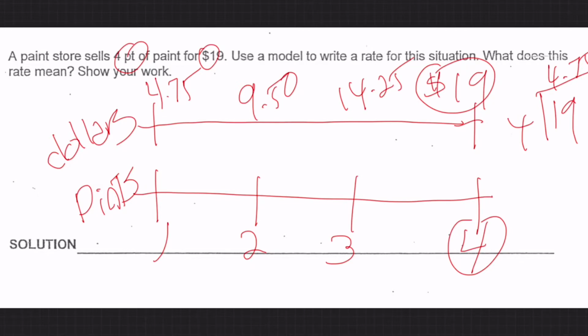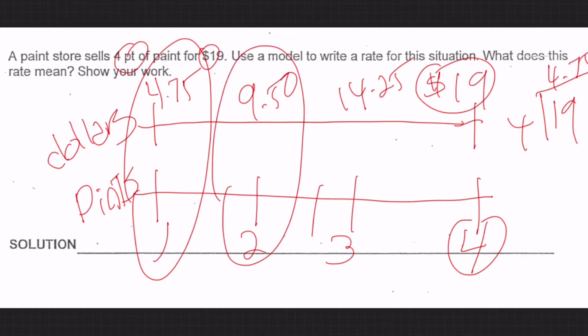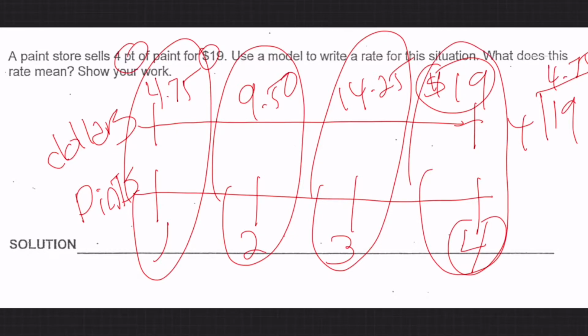So now, if we look anywhere along this double number line, we're going to get equivalent ratios, meaning every one of these ratios will simplify back to the 4.75 over 1. So this model shows what we already know by dividing 19 by 4, and that is 1 pint of paint costs $4.75.